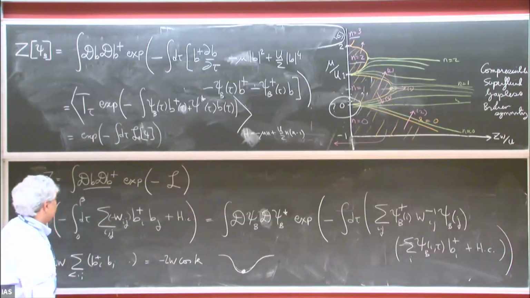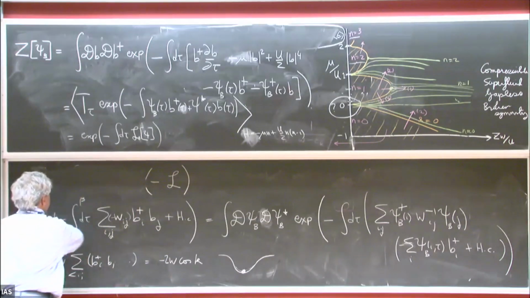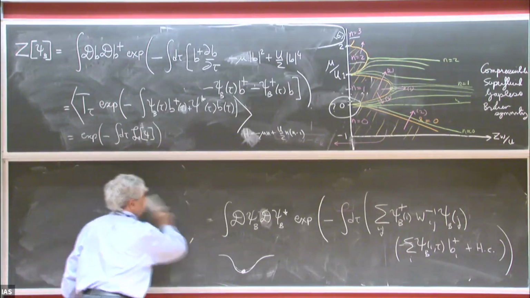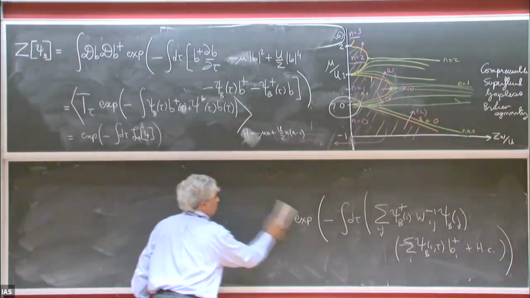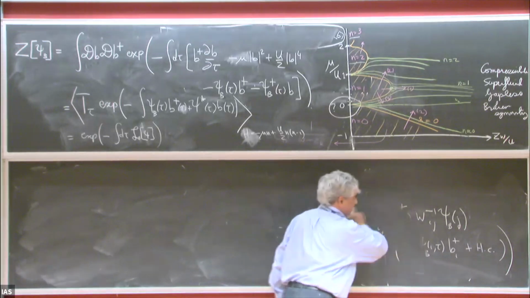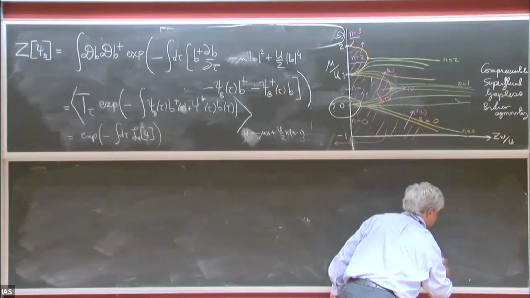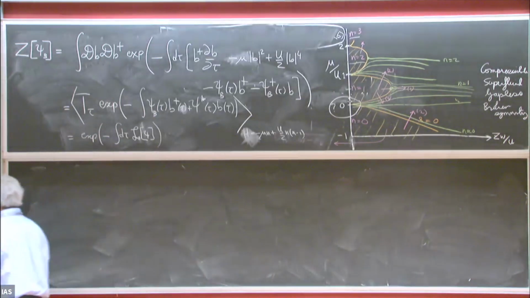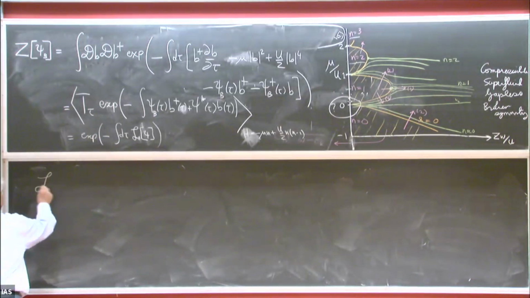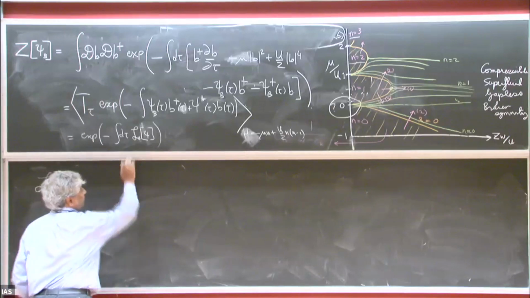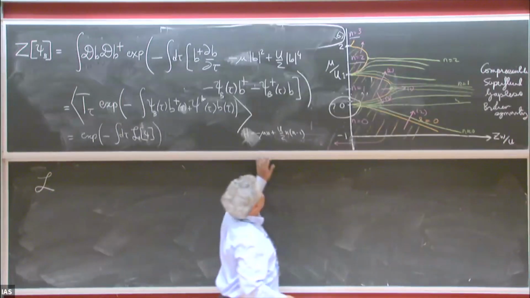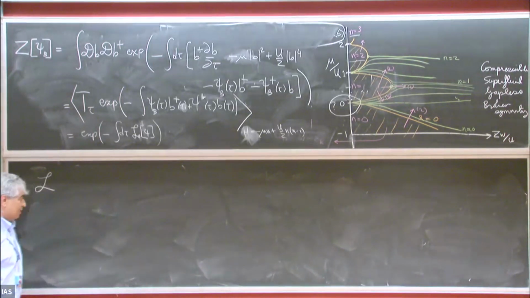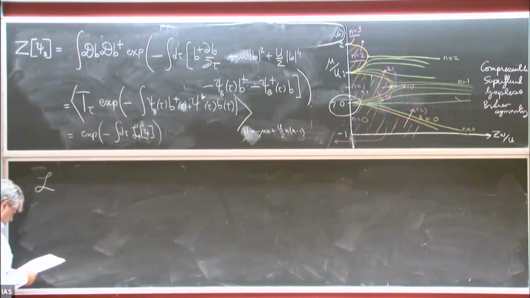So when the dust settles, what do you find? First, let's look at what happens for constant psi. I want the full Lagrangian L of psi. There'll be a contribution from here, and a contribution from a term that I just erased, the Hubbard-Sachdev term with the W inverse in it.